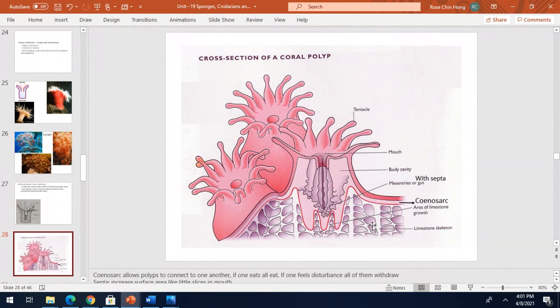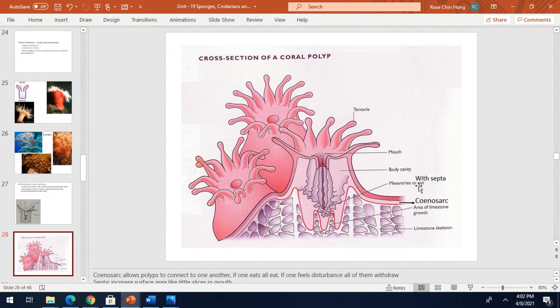They leave that behind as they make the skeleton of calcium carbonate, and they have a special area, it's all throughout the coral colony, called the coenosarc. The coenosarc connects all the polyps, so when this one makes food and that one makes food, and each one of these coral polyps makes food, everybody feeds. So if one feeds, everybody feeds.